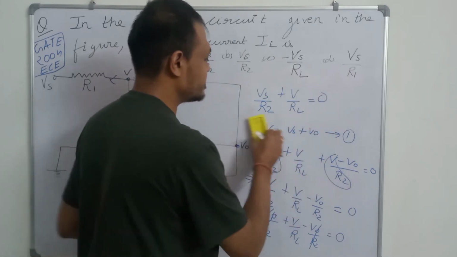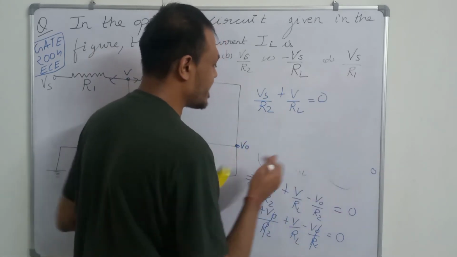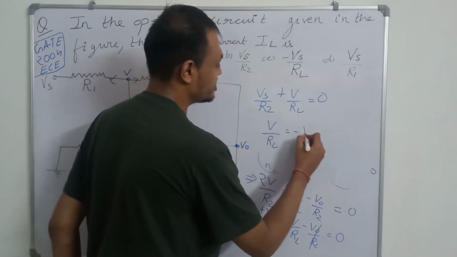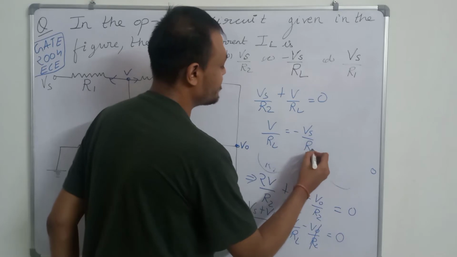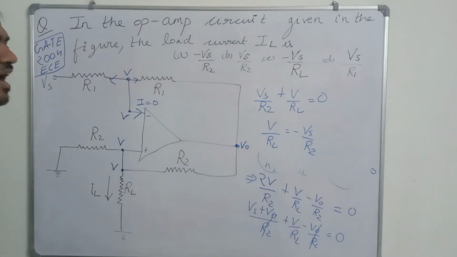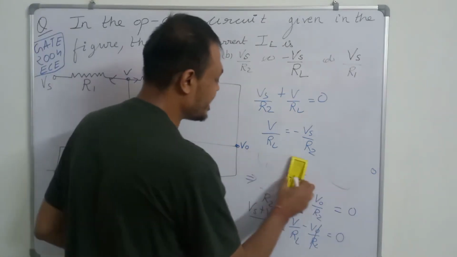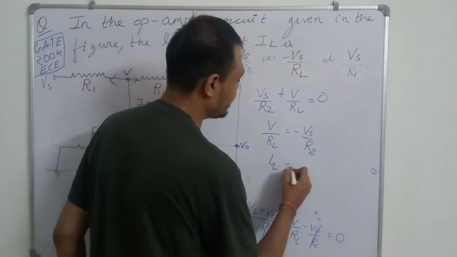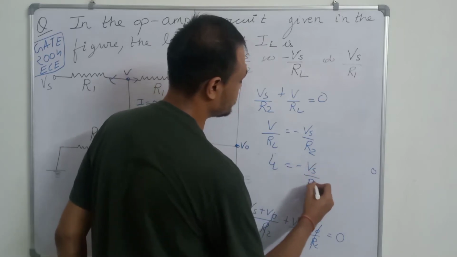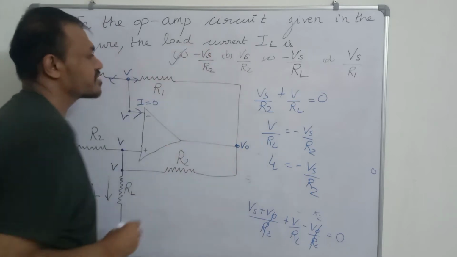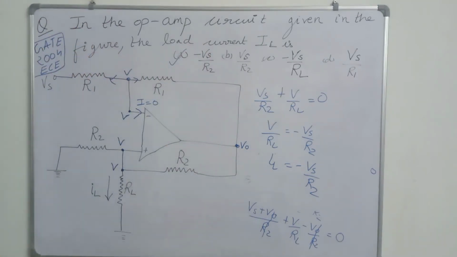So this gives us V upon RL equal to minus Vs upon R2, and V upon RL is nothing but the load current. V upon RL is equal to IL. So load current IL is equal to minus Vs upon R2. So the correct option is option A. IL is minus Vs upon R2.